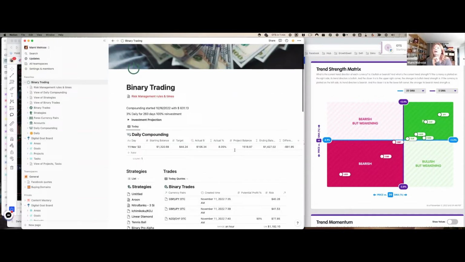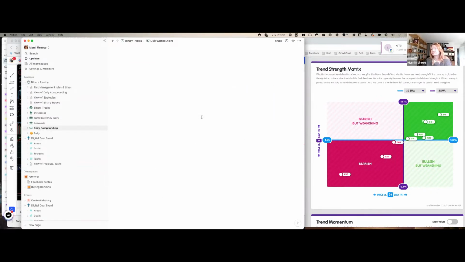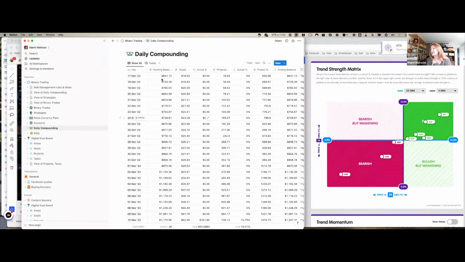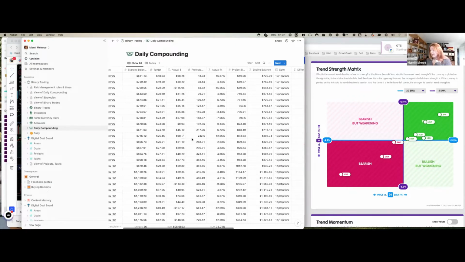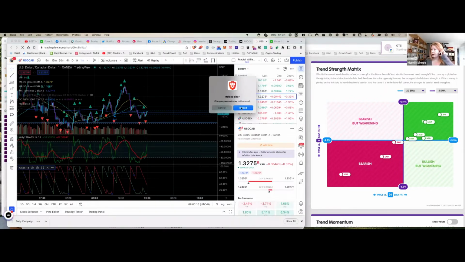But if we go into the daily compounding, just as a review, there we go. I started with 631. I added $200 into it at some point here. I can't remember where, but anyways, now I'm up to 1,400. And it's using this strategy that I'm going to tell you guys about right now.